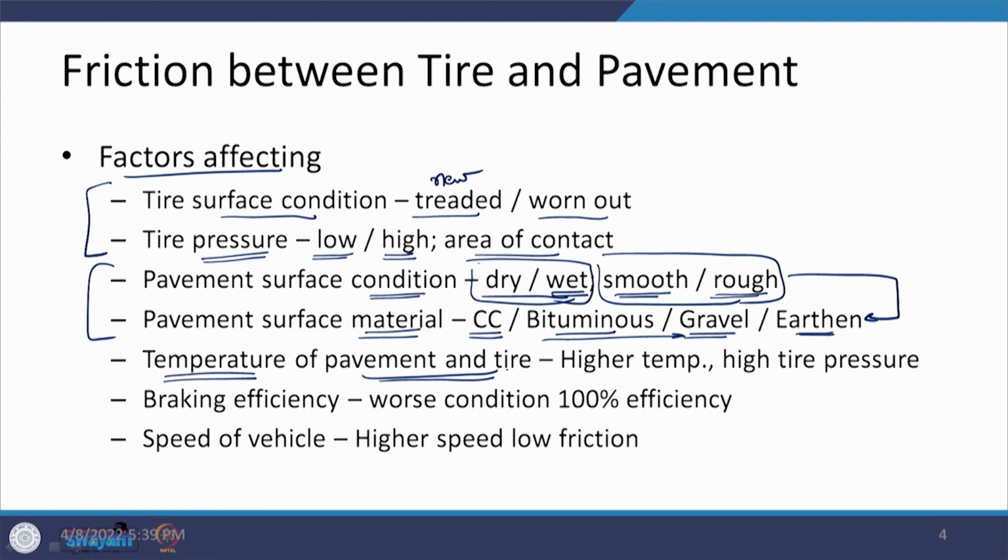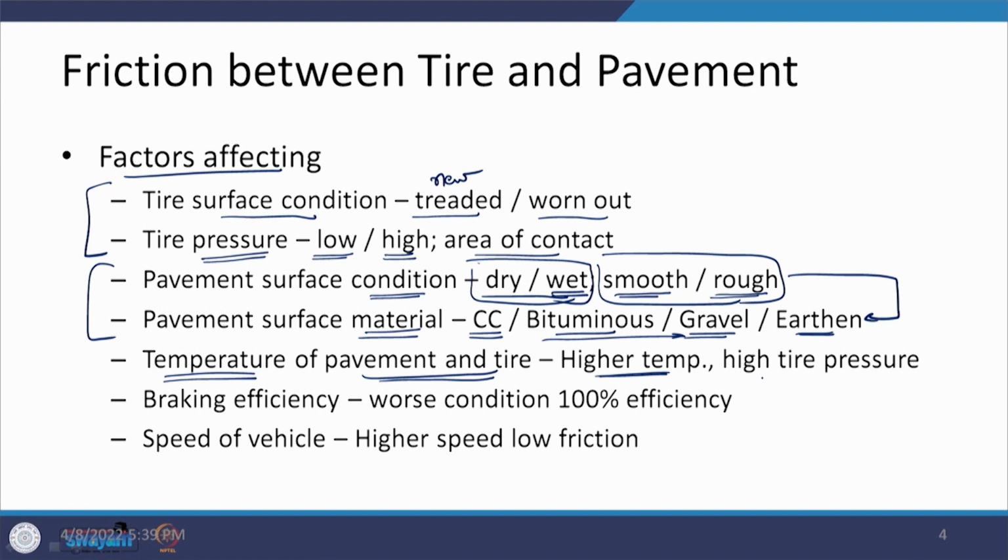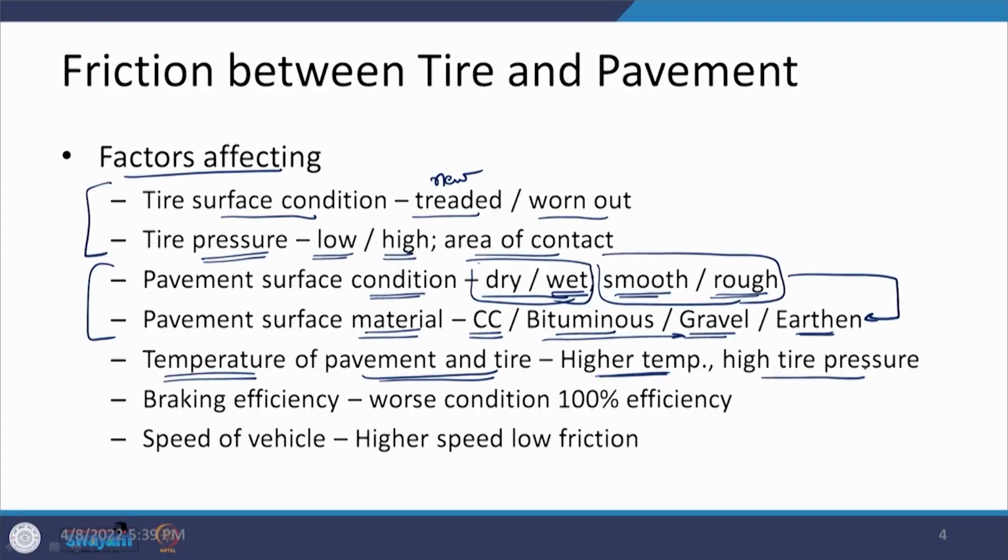And when the tire is moving on top of it, because of this interaction, the air inside the tire is also going to expand if the temperature is increasing. So, now the problem is, if higher temperatures are there, what is going to happen? Because of this higher temperature, when the air is getting expanded, it culminates into a higher tire pressure, and if the tire pressure is increasing, then again what type of problem can be there.